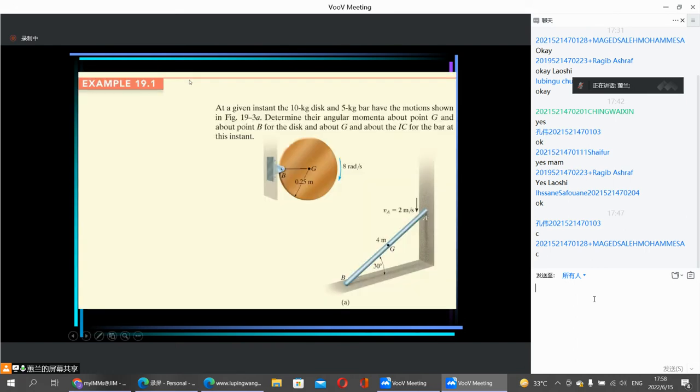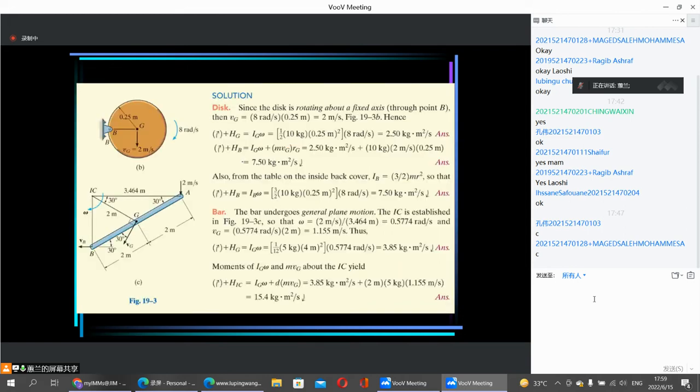Just like here, at a given instant, the 10 kg disc and 5 kg bar have the motion, so determine the angular momentum about point G and about point P for the disc, and about G and about the IC for the bar at the instant.